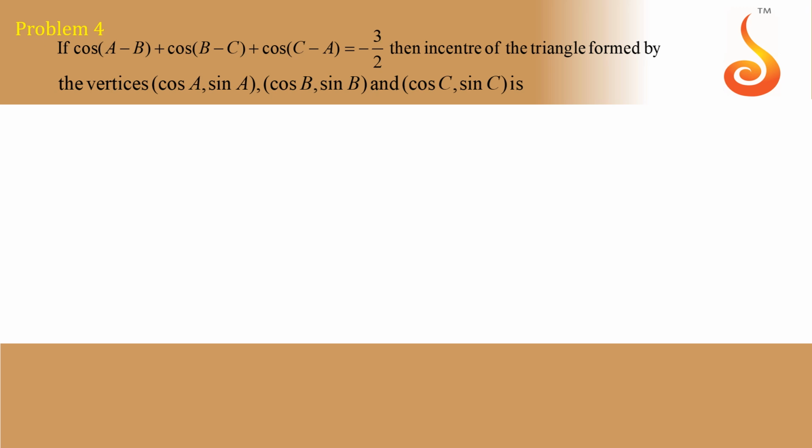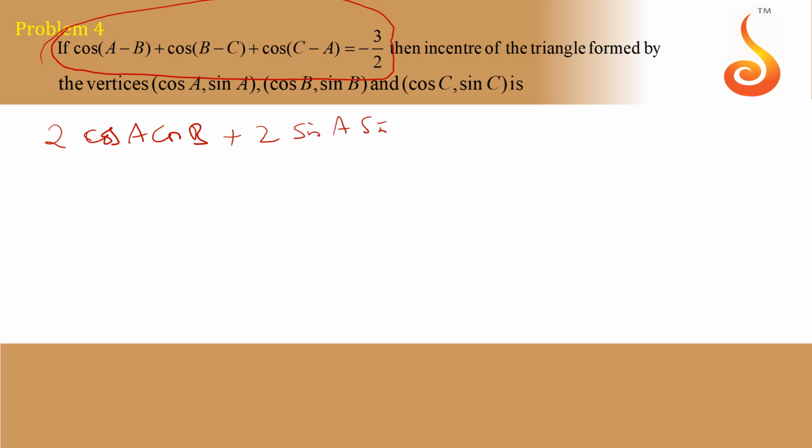Let us observe the given condition. This is the given condition. Cos of a minus b, so cos a cos b plus sin a sin b, plus cos b cos c plus sin b sin c, plus cos c cos a plus sin c sin a. Let us cross multiply. So what we will get? 2 cos a cos b plus 2 sin a sin b.